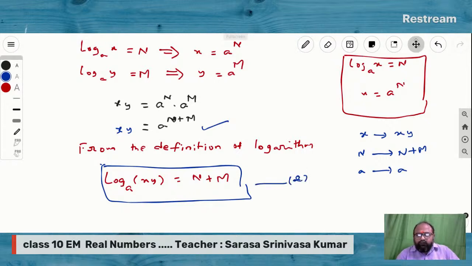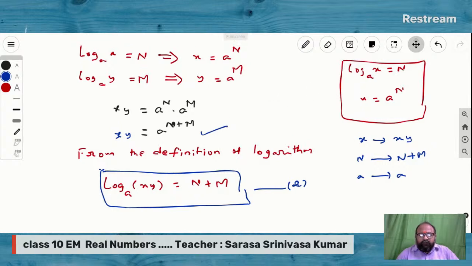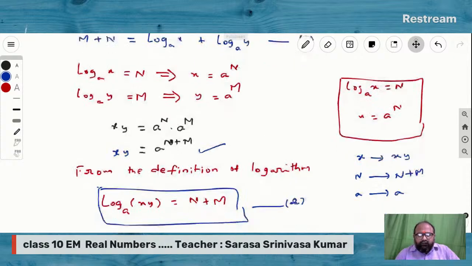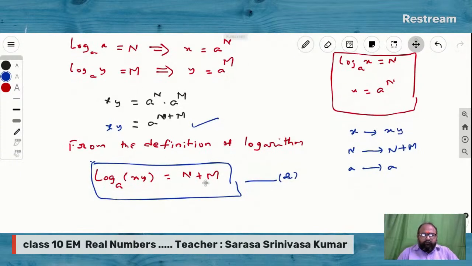But from equation 1, m plus n equal to log x base a plus log y base a. And from equation 2, m plus n equal to log xy base a.